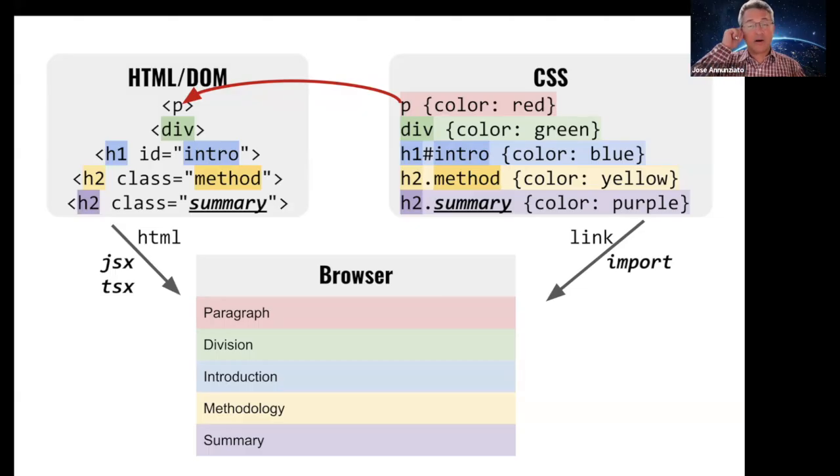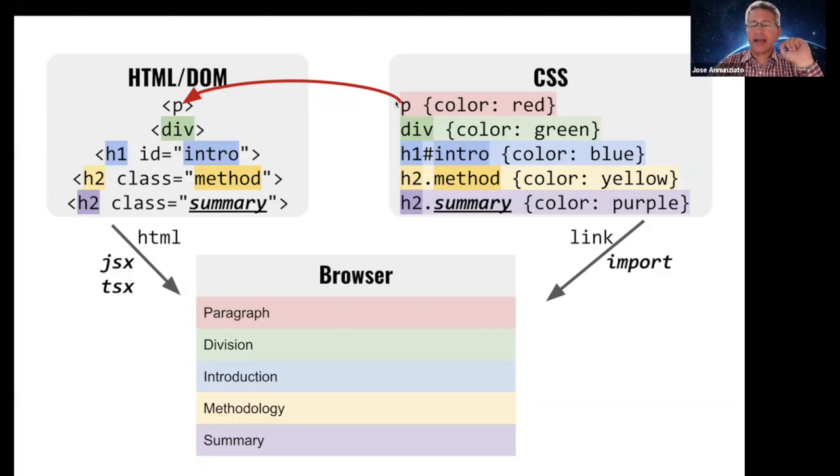So it has all those already configured, as a default configuration. What CSS allows us to do is override that default configuration and redefine it for a particular HTML document. It says, hey, the paragraph, I know that the default color for a paragraph is black, so black on white.